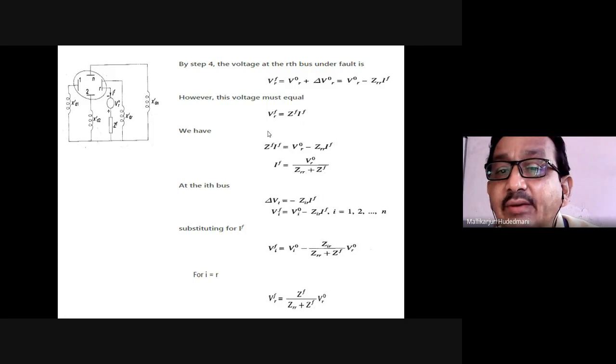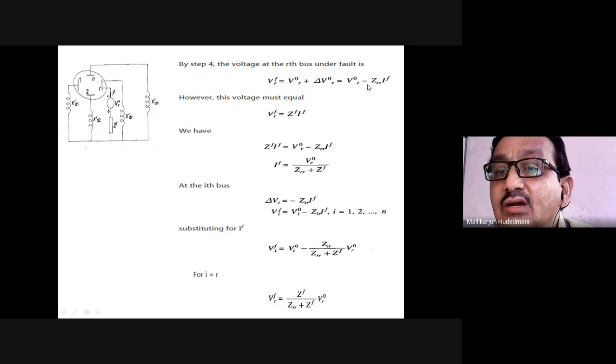Therefore, these two equations must be one and the same, because one is VRF from the initial voltage and differential vector, and the other is the actual voltage of rth bus during the fault, which is ZF into IF. By equating, ZF into IF equals VR initial minus ZRR IF. From this, I can take out IF.